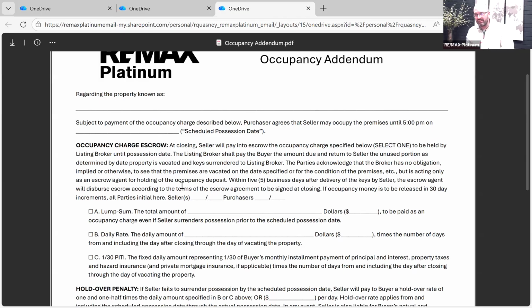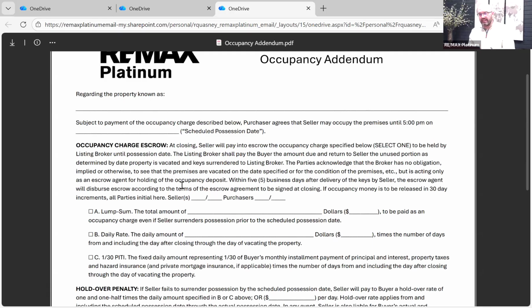They're supposed to actually have delivered the keys. But it's very common for it to be that they've left and the buyer's agent meets the buyers there and uses the lockbox to get in.